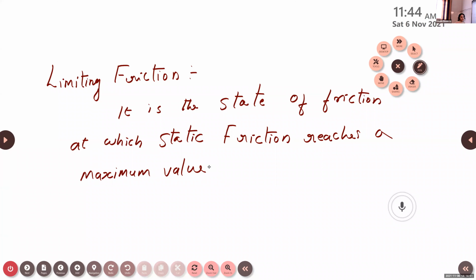It is a state of friction at which the static friction reaches a maximum value.